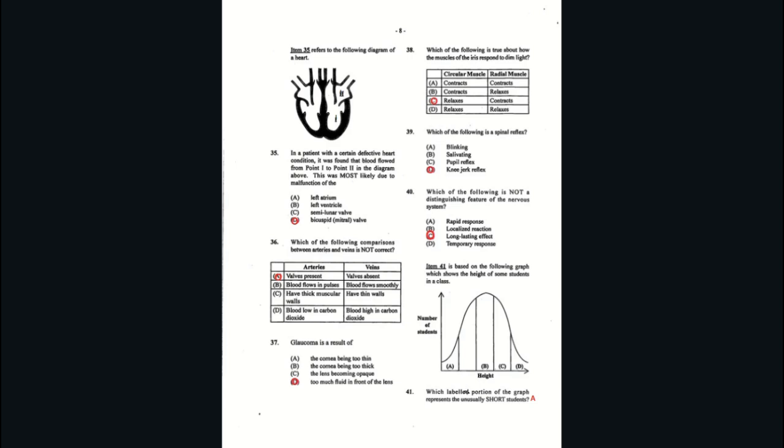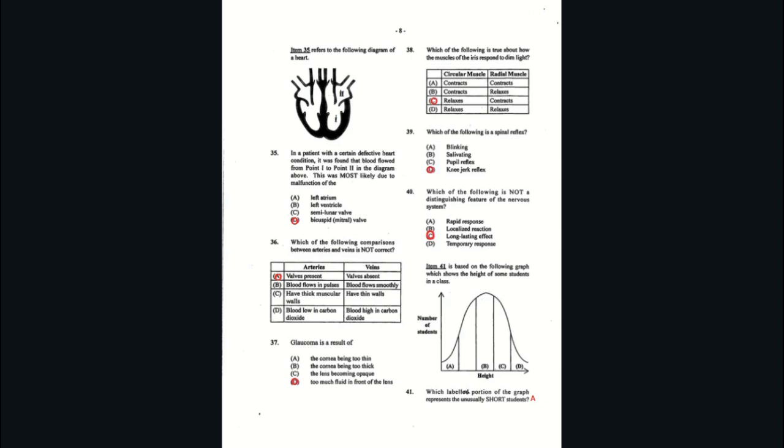A is not correct. Number 37 says glaucoma is a result of D, too much fluid in front of the lens. Then number 38 says, which of the following is true about how the muscles of the iris respond to dim light?